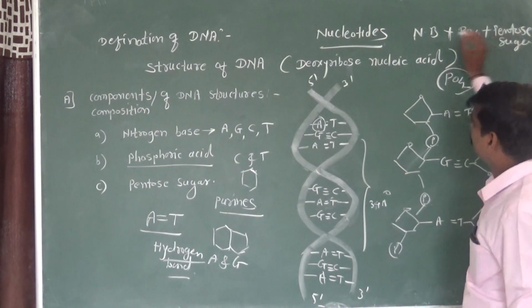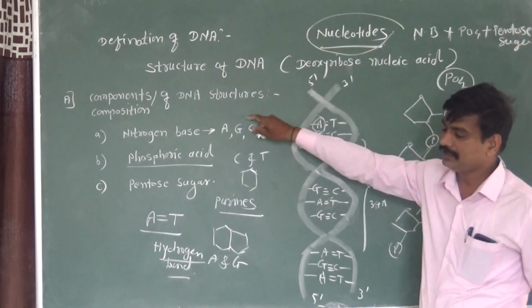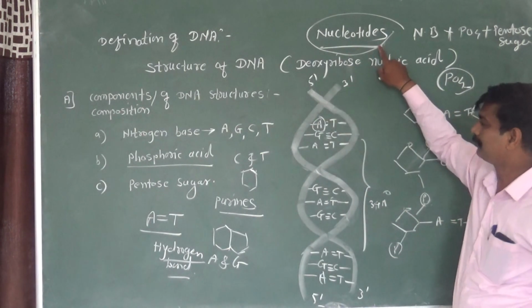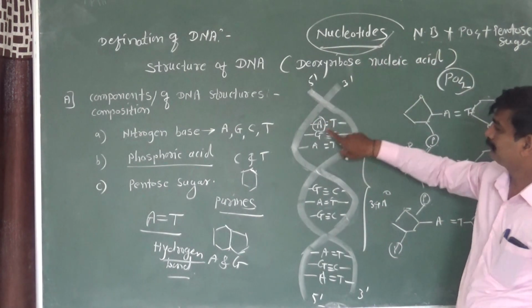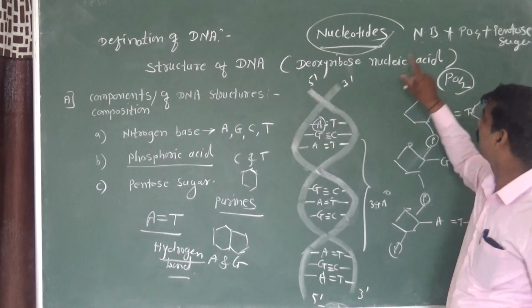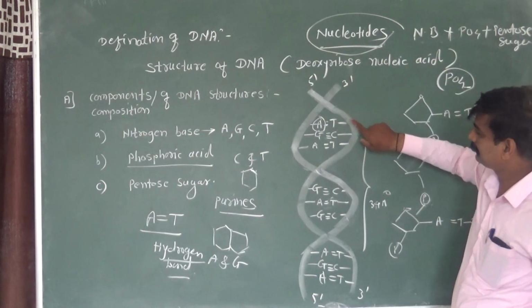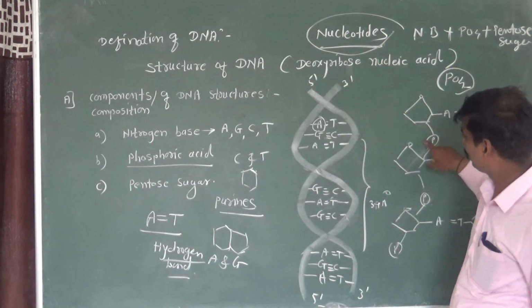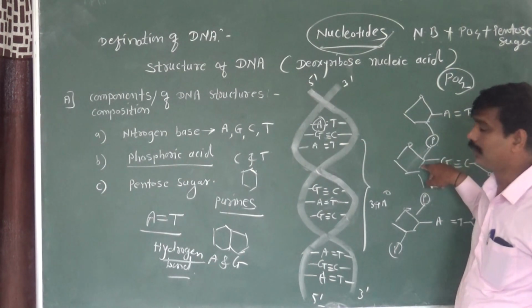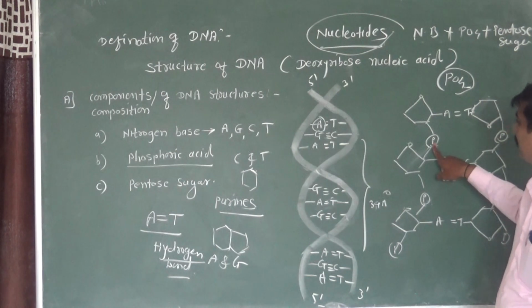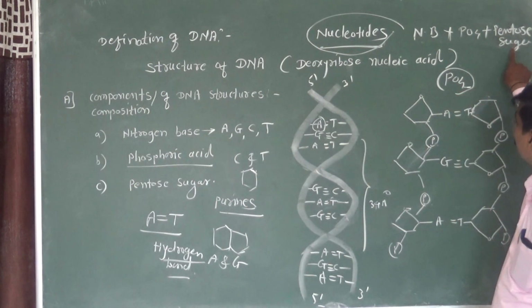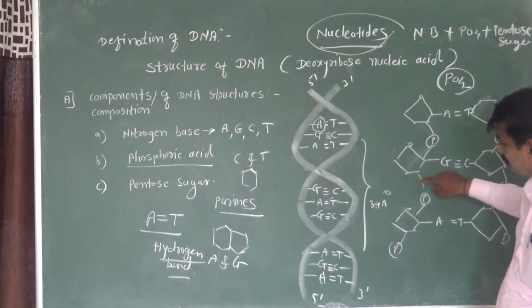DNA is made up of nucleotides: a nitrogen base, meaning adenine, guanine, cytosine and thymine, and a phosphate group that is connected to the pentose sugar through attachment to the phosphoric acid.